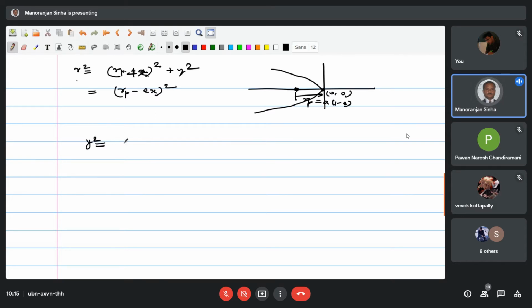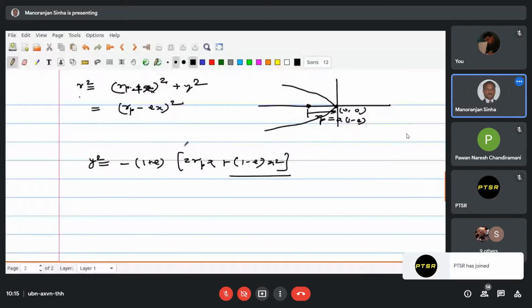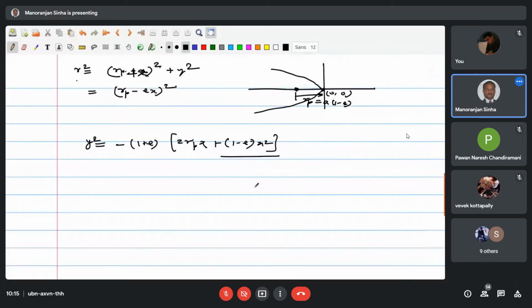Here in this case, this can be simplified, and this is valid for all orbits, whether e is less than 1 or greater than 1, it does not matter.